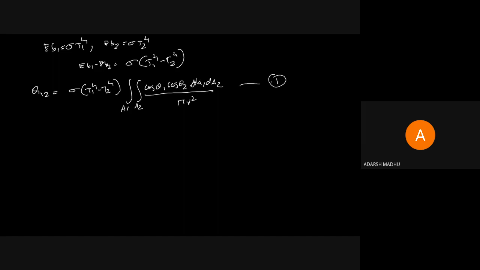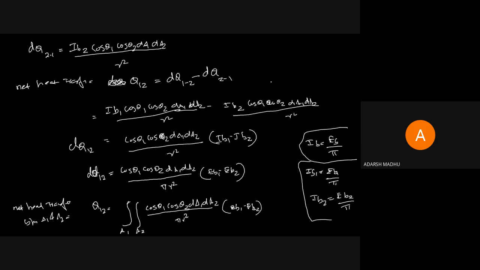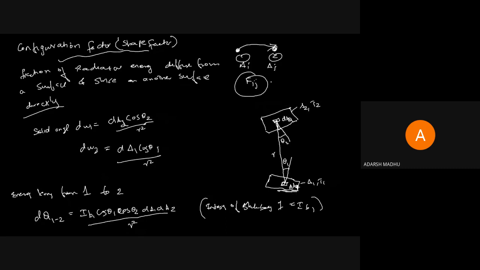We are also doing another small derivation to find another value of Q12, and we are equating those two derivations to find the value of F, that is, the configuration factor or shape factor F. What we found so far is the Q12 equation, the heat transfer between two bodies arranged in different geometry, that is A1 and A2.